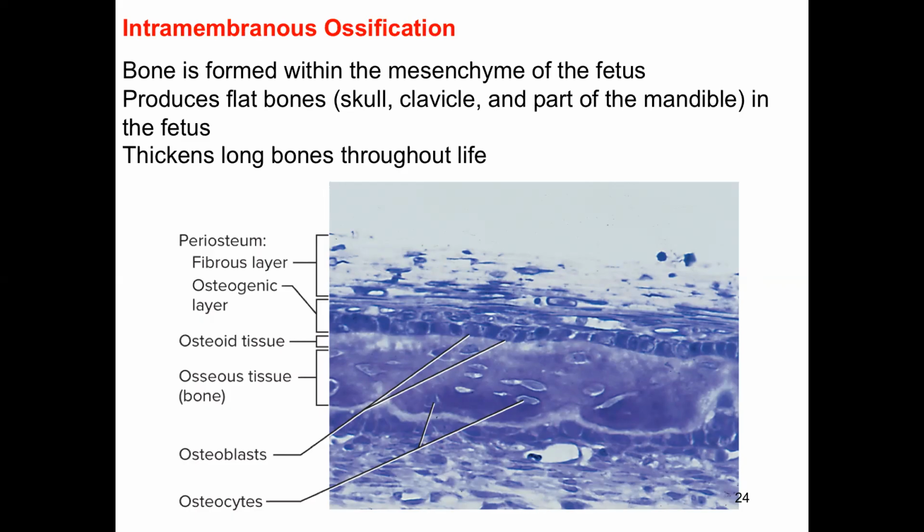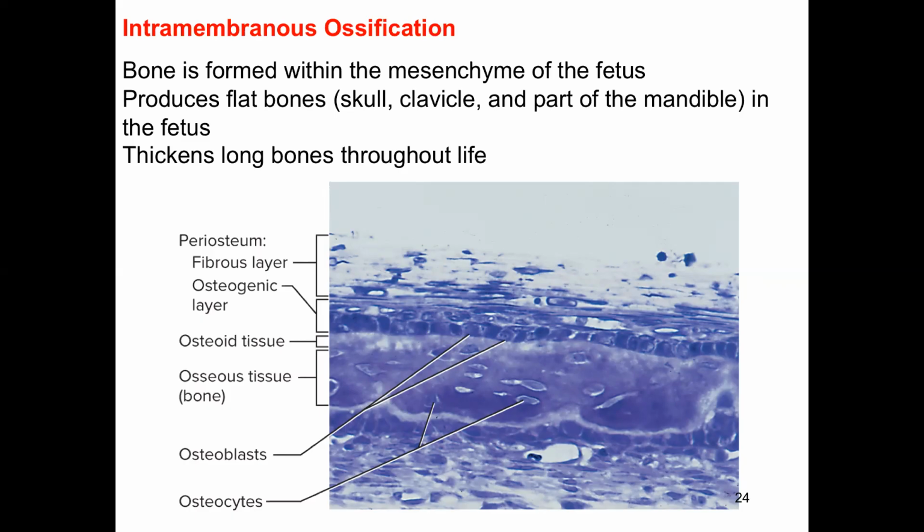Developmentally, there's going to be a signal for the formation of osteoblasts. If you look at my notes, I have the 3 steps. You have the formation of these ossification centers in the mesenchymal connective tissue. The mesenchymal cells mature into osteoblasts.